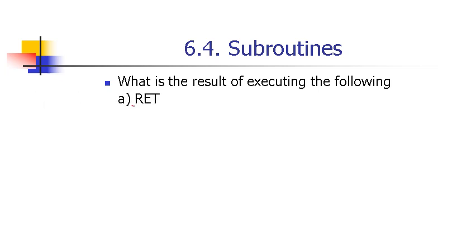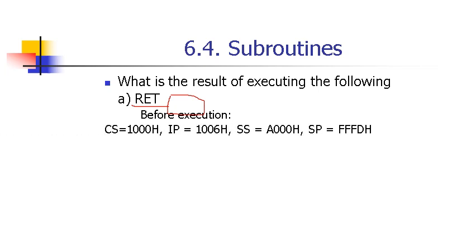Another example, return. In returning, you don't have any operand, so you have to go back and retrieve the old value of IP. Before execution, these are the values of your CS, this is IP, and this is SP.